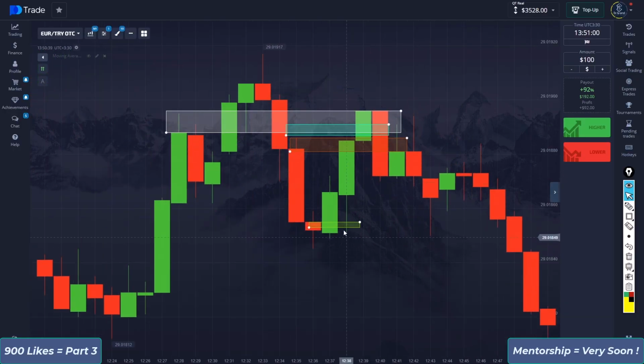There we go. We have this engulf at 1 minute, and the creation of this QM right here is inside of this engulf. So we have the higher time frame confirmation, and also look at this. It's not always 1 minute and 3 minutes.